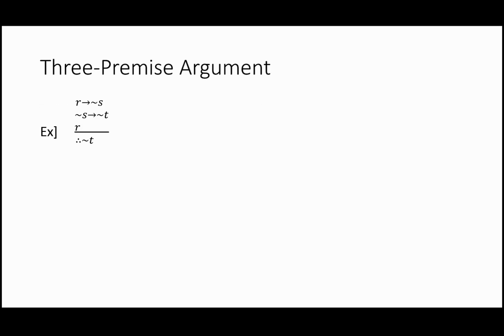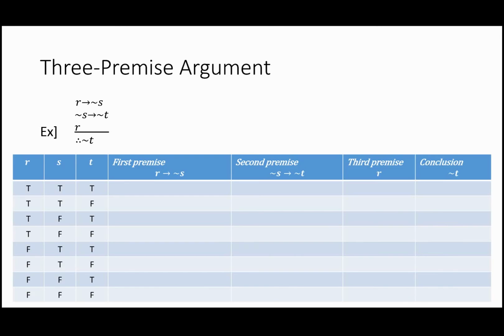Let's bust out another argument. This one is strictly symbolic. And you may notice that there are 3 statement components here, R, S, and T. So we have a pretty big truth table at our disposal in order to determine if this argument is valid or invalid. Okay, so let's go ahead and initialize our R, S, and T columns accordingly.